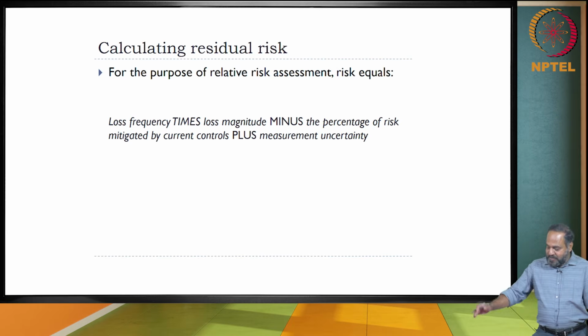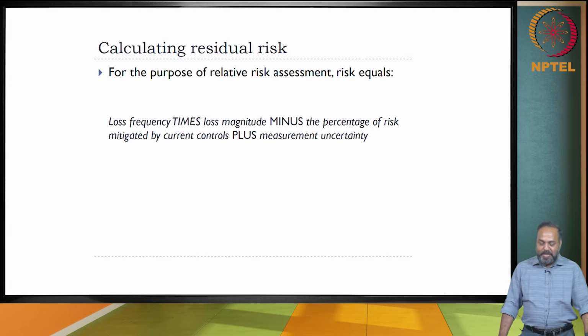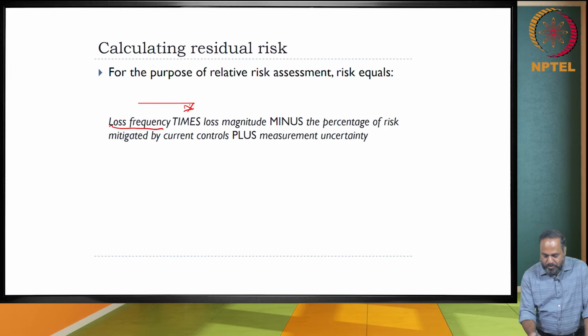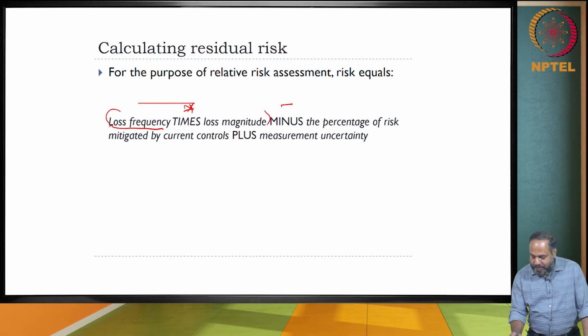Well, here is the magical formula for calculating residual risk. I have not used Greek letters; it is described textually so that you understand it well. Residual risk equals loss frequency times loss magnitude, minus the percentage of risk mitigated by current controls, plus measurement uncertainty.